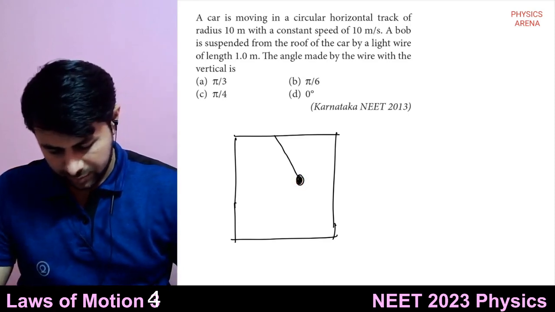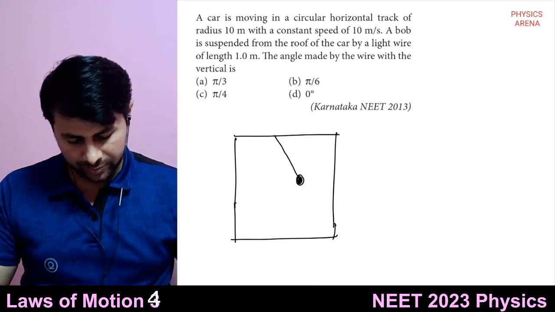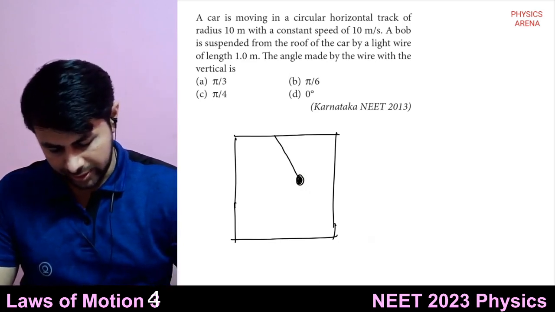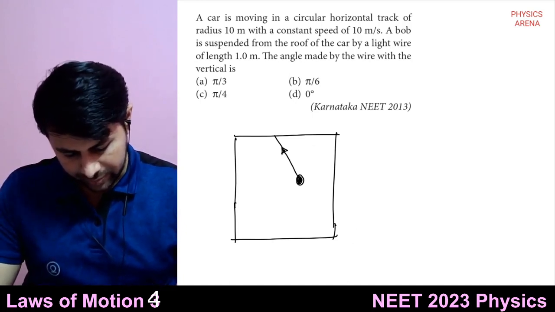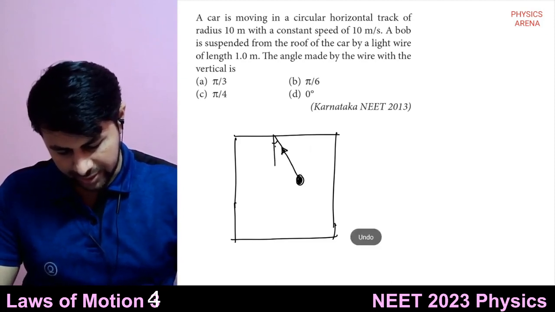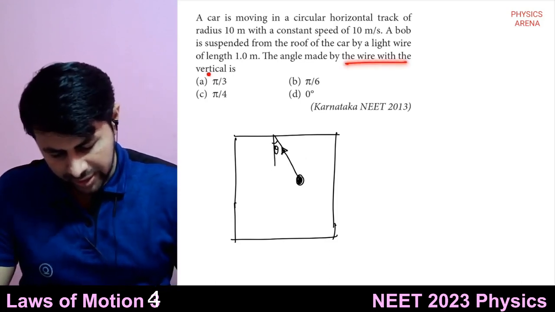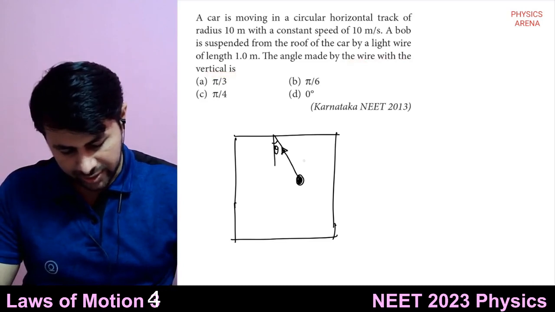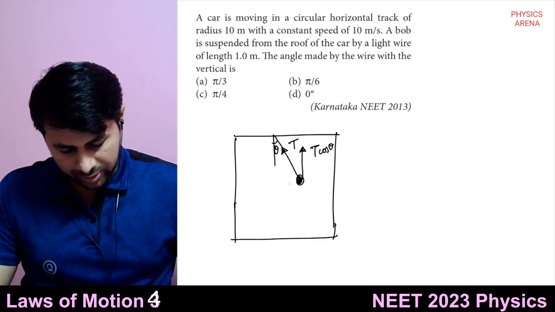Now you can resolve this tension in the string along two components. Let's suppose this angle is theta with the vertical, and we want to find the angle with the vertical only. So this is T. This component will be T cos theta, and this component will be T sin theta.